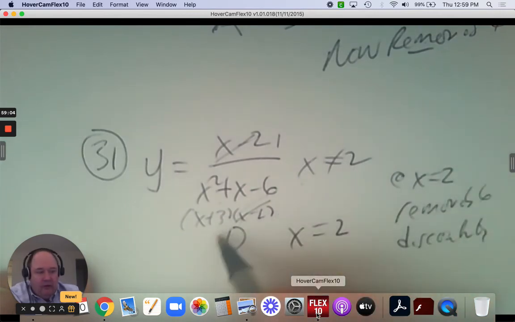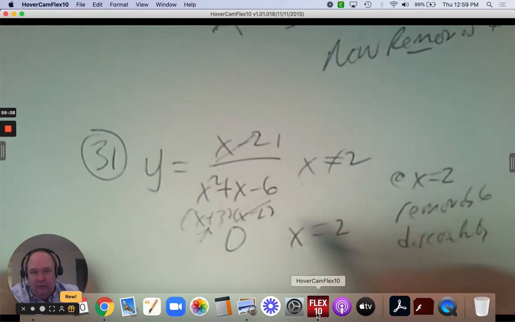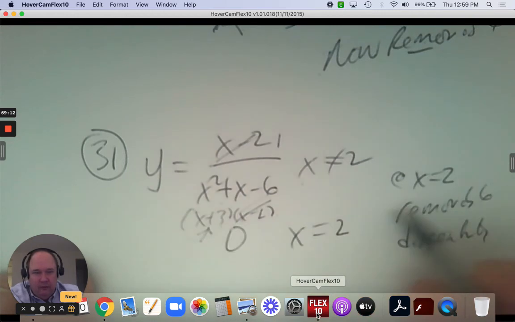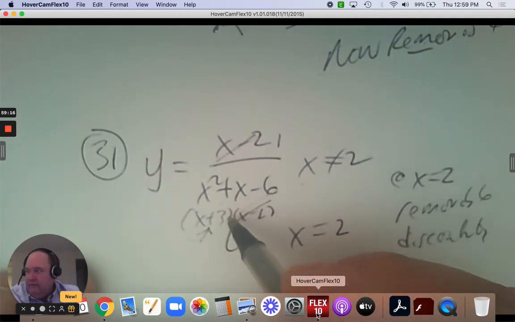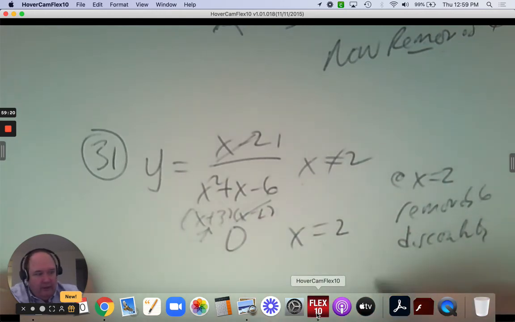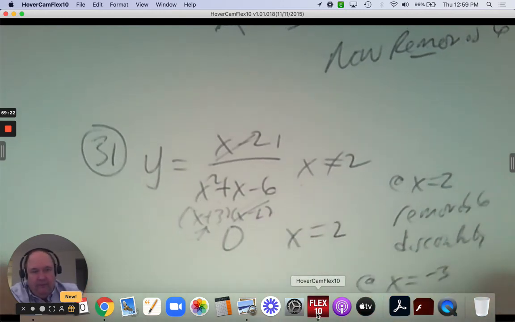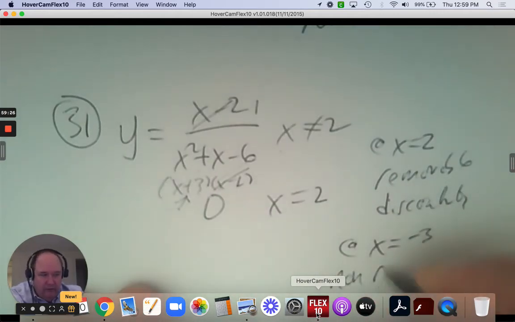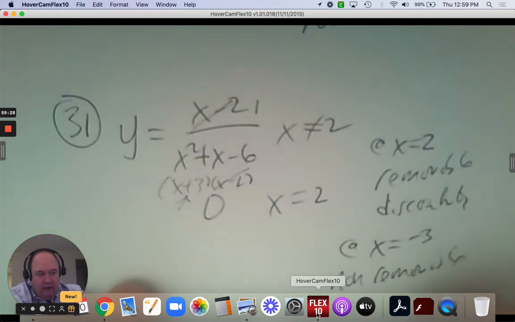Notice 2 also represents where the break in the two graphs is. There's like a jump there, so it's still a removable discontinuity there. At negative 3 is another one, and at negative 3 it's a non-removable discontinuity. The limit does not exist there.